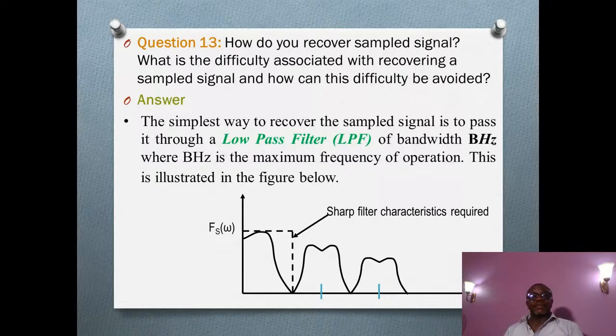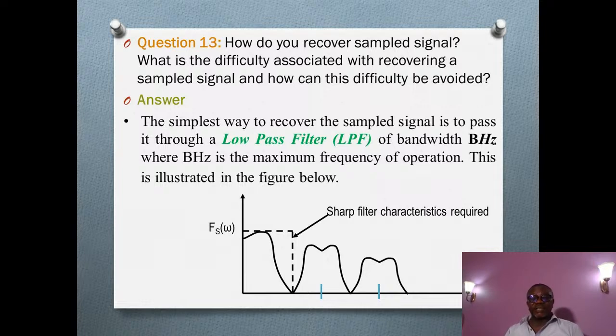Now, how do we best recover these sampled signals? The simplest way to recover the sampled signal is to pass it through a low pass filter of bandwidth B Hz, where B Hz is the maximum frequency of operation. This is as illustrated.